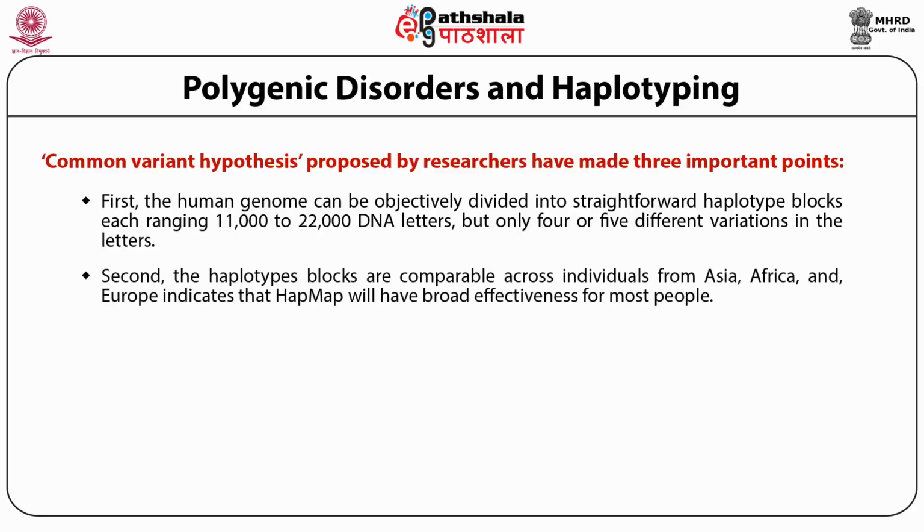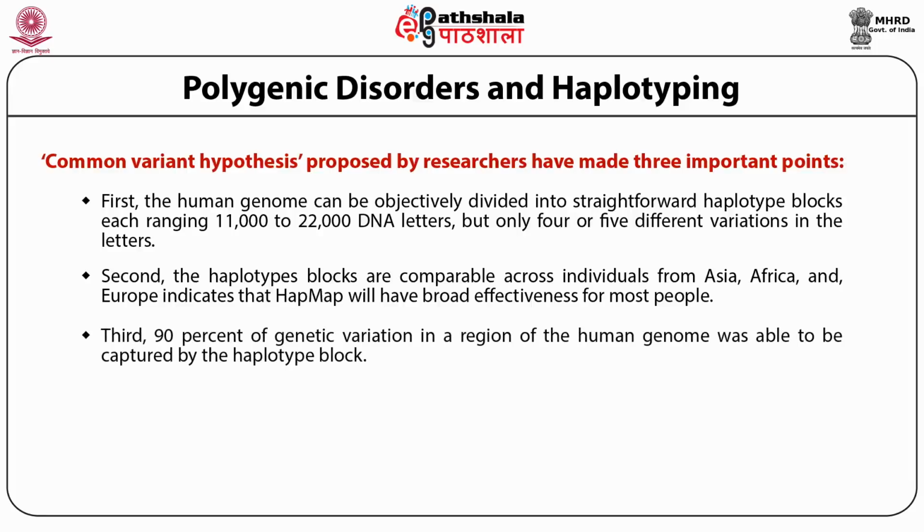Second, the haplotype blocks are comparable across individuals from Asia, Africa and Europe, which indicates that HapMap will have broad effectiveness for most people. Third, 90% of genetic variation in a region of the human genome was able to be captured by the haplotype blocks, as reported by Morton in 2002.